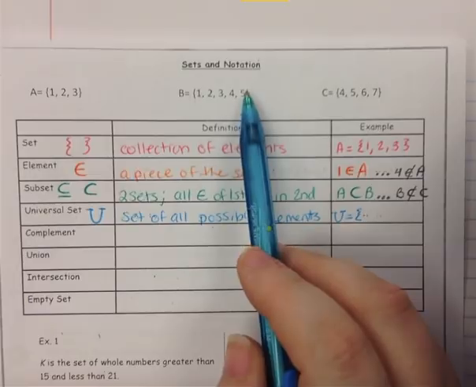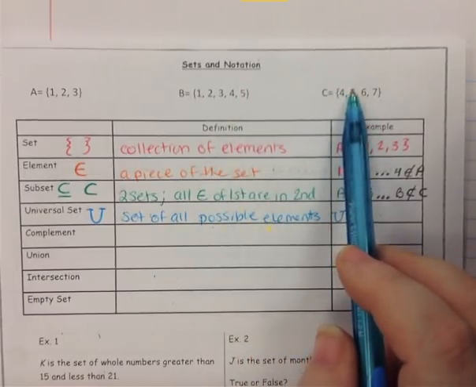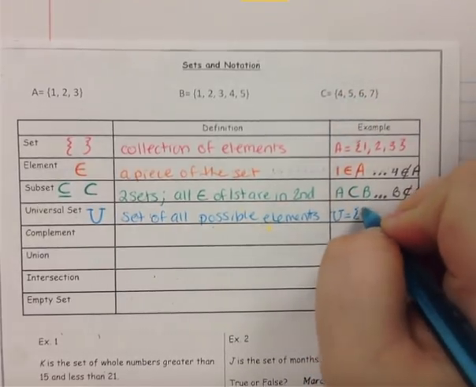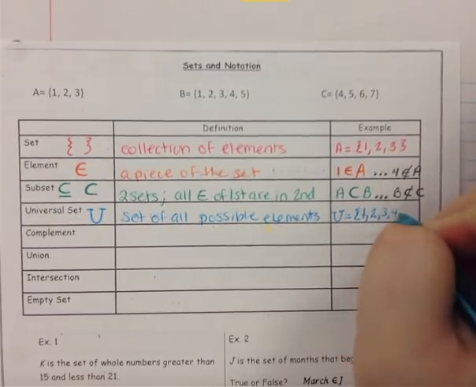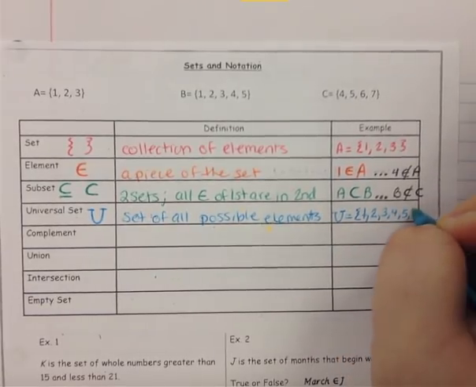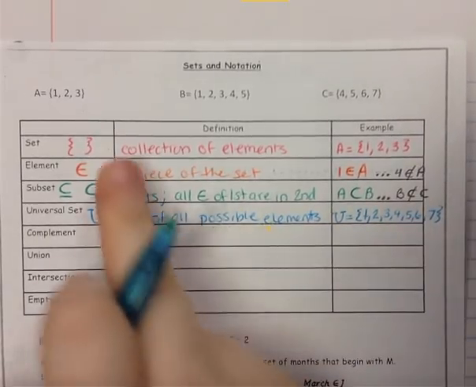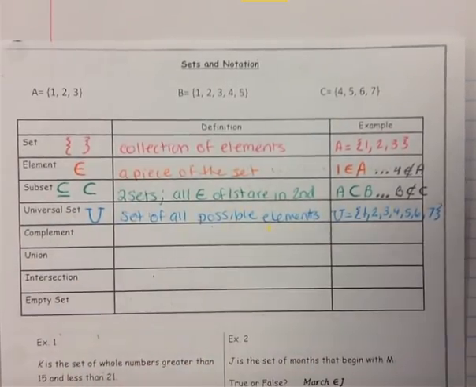But 4 and then 5 are in set B. Then we see 4, 5, which we've already said. Then we have 6 and 7. So the number 1 is a part of it, 2, 3, 4, 5, 6, and 7. Nothing after 7 is in that set, but we've written out all the numbers that are up here without repeating any of them.